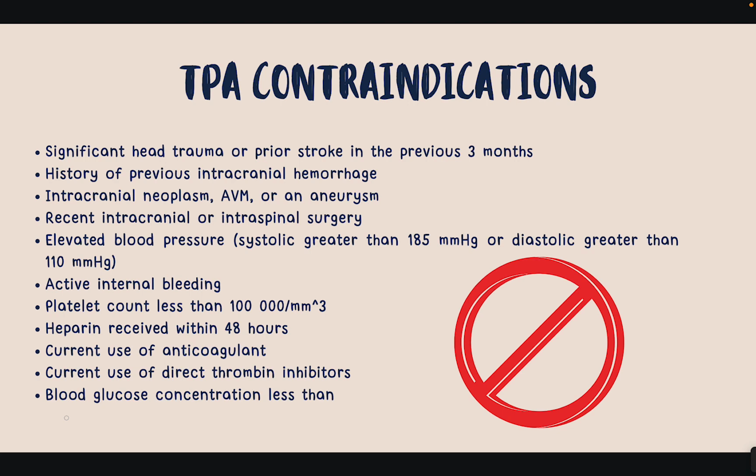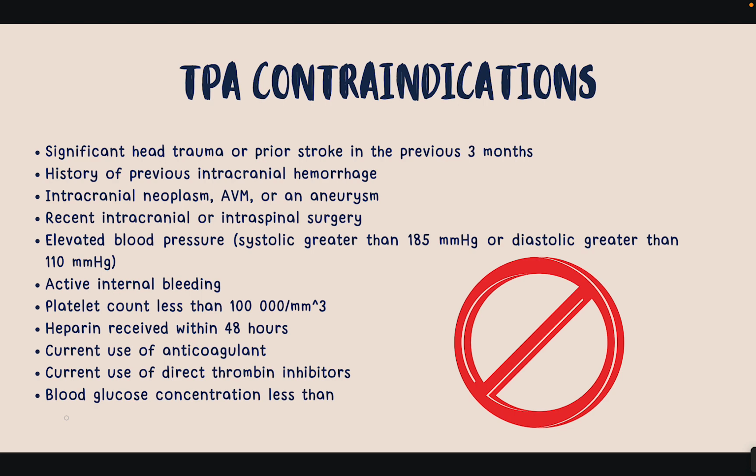If they received heparin within the last 48 hours, do not give this medication either. Current use of anticoagulants. So a lot of these patients are on either Eliquis, warfarin. Warfarin I don't see that much, but Xarelto, Eliquis, those are like very, very common medications.